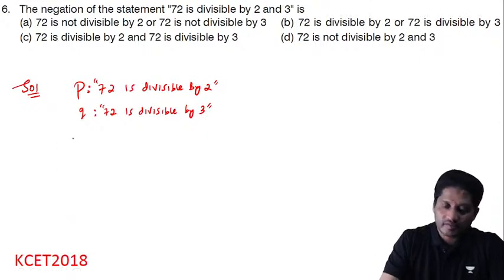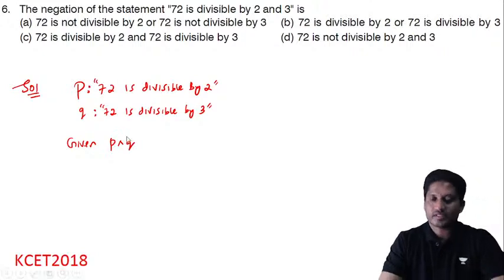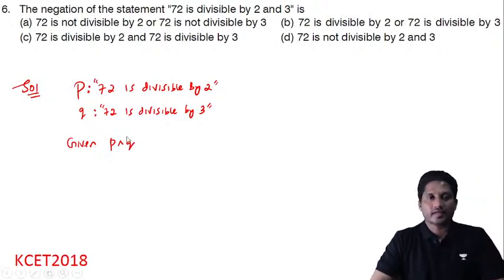So this means that the given statement becomes p conjunction q, that is, 72 is divisible by 2 and 3.